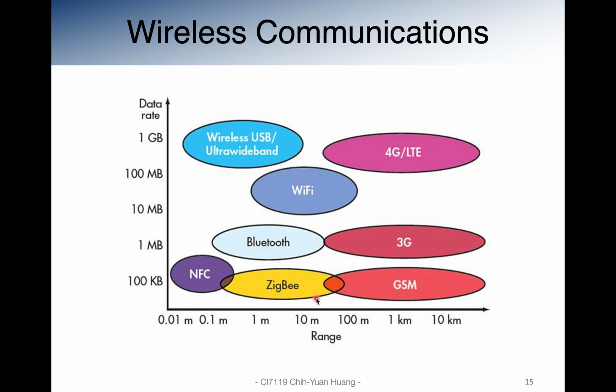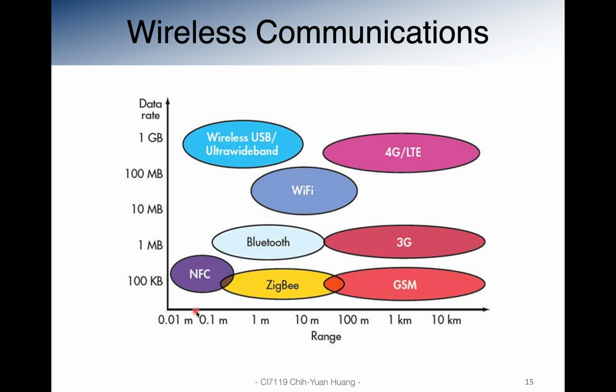The power consumption of ZigBee is lower, but the data rate is also lower. NFC, for payment, is also over here. The data rate is small and the range is very small as well, but it's for a specific application purpose.